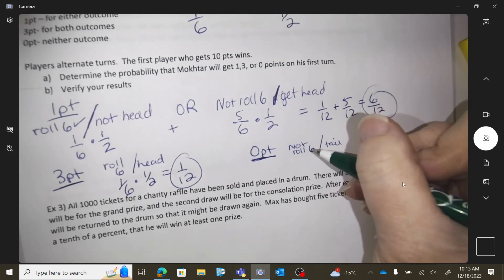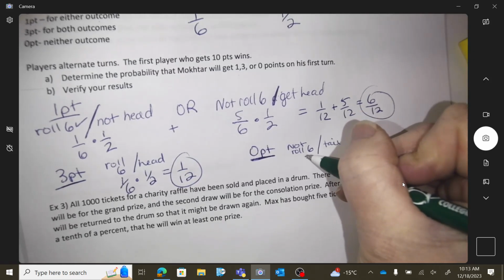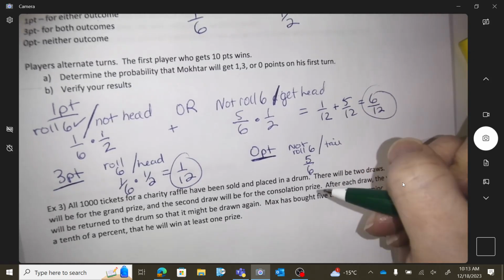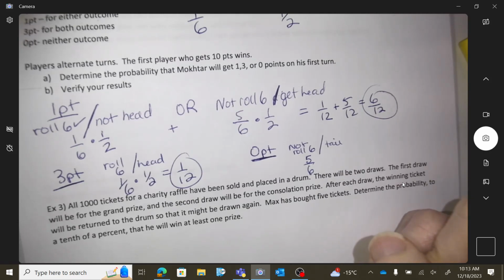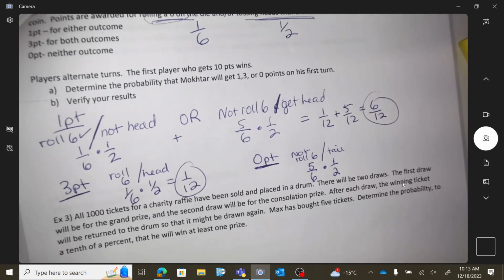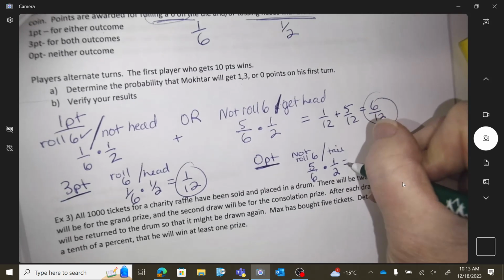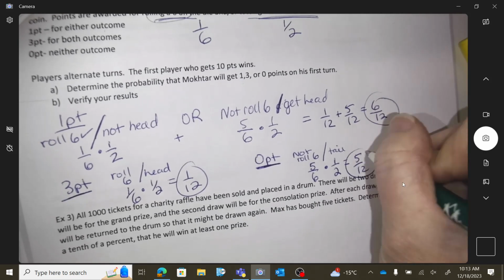So what is the option here? So if I don't get the 6, 5 out of 6, right? To not get that 6 on a die. And if you're not getting a head, you have a half chance of getting that tail, which is 5 out of 12.